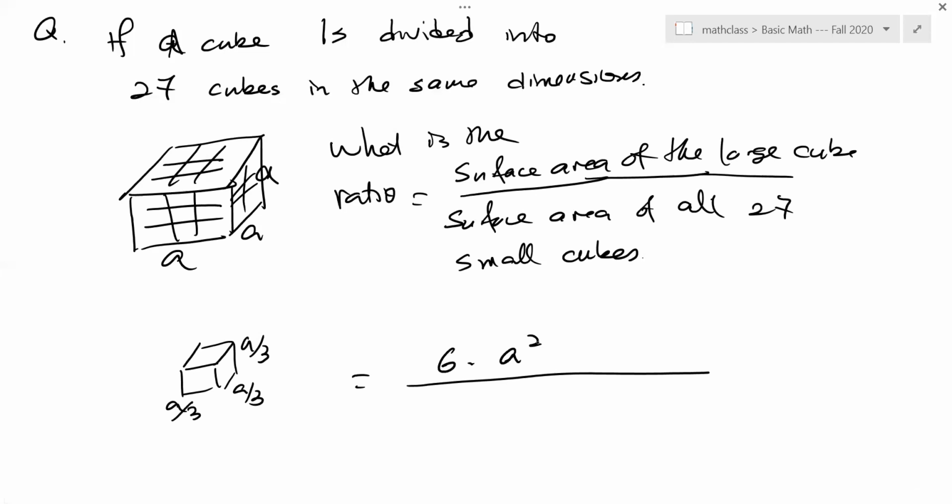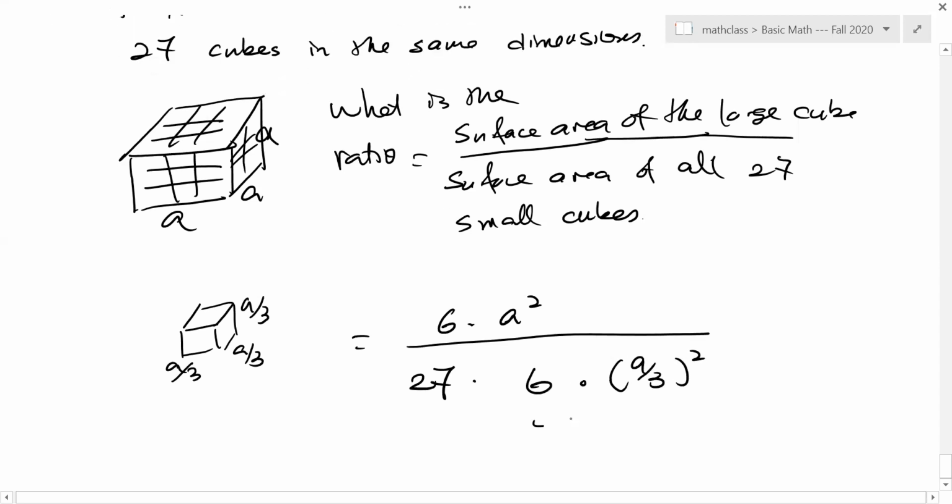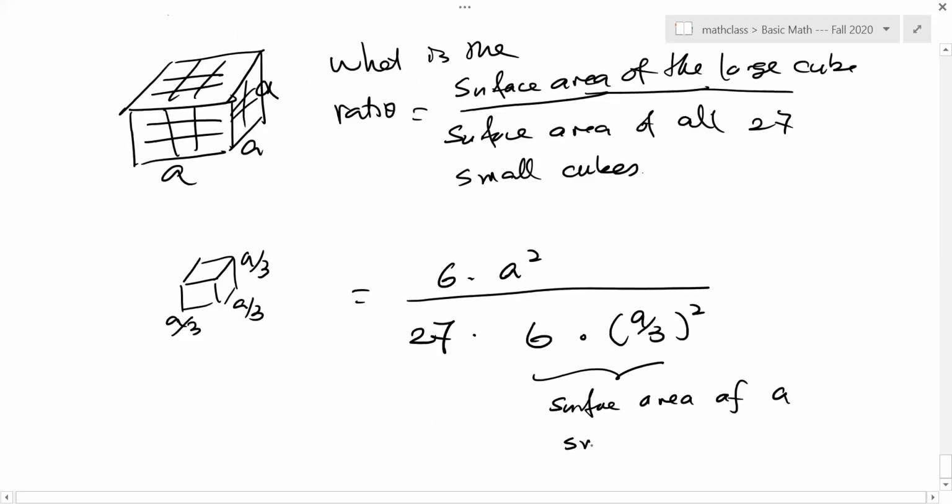Then you have 27 smaller cubes, and each smaller cube's surface area is 6 times the edge length squared. This is the surface area of one small cube. Then you simplify.